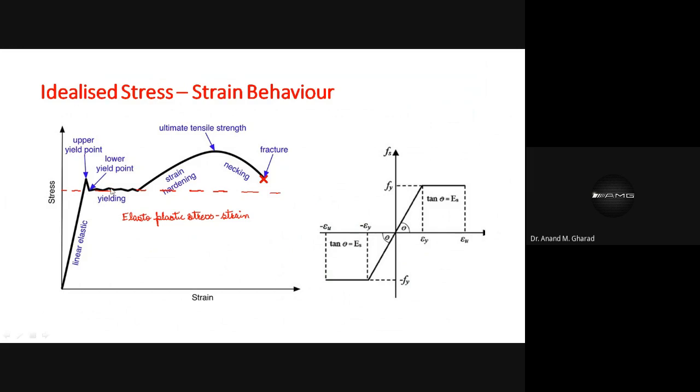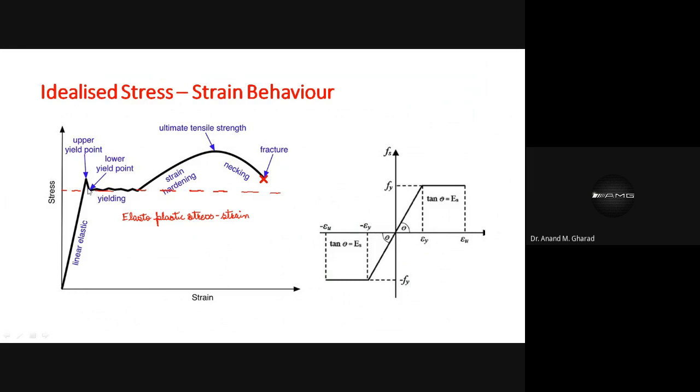Although it looks small over here, the amount, the value of strain associated to this point over here and over here, if you compare this distance, it is almost 10 times this value.